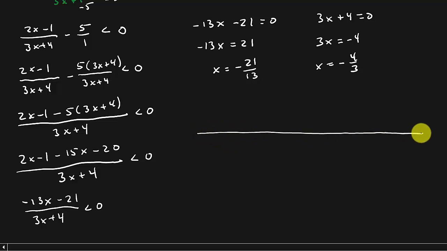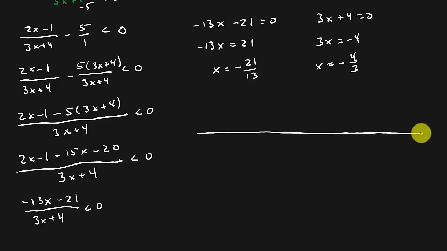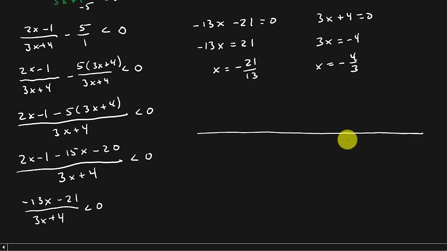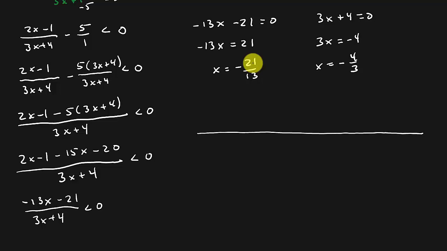Okay, so for this one, you sit there and you think about, okay, where does this go? Which number goes where? You may not know which number is larger than the other. So what you can do is take your calculator and punch in negative 21 divided by 13 and negative 4 divided by 3 and write down a few decimal places.